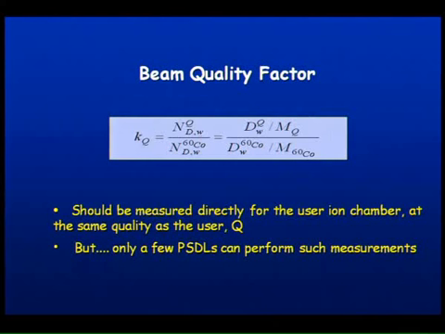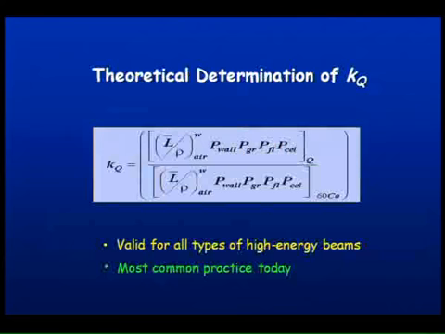The beam quality factor Kq, by definition, is given as the ratio, at the qualities Q and cobalt-60, of the absorbed dose to water calibration coefficients of an ionization chamber. As I mentioned, ideally, this should be measured directly for the user's ion chamber for the user's quality. But that's not available. Only a few primary standard labs can do these measurements.